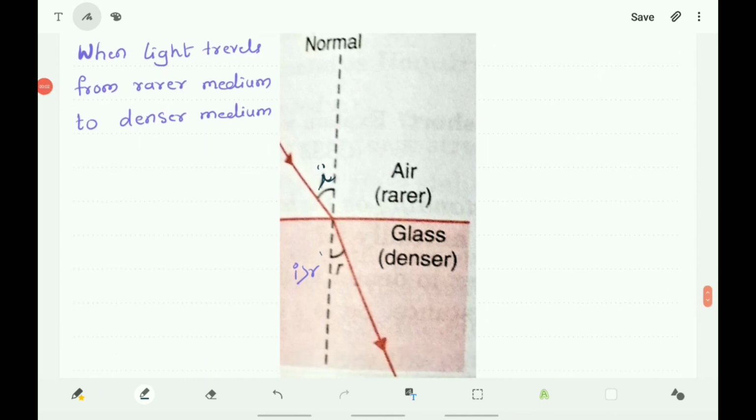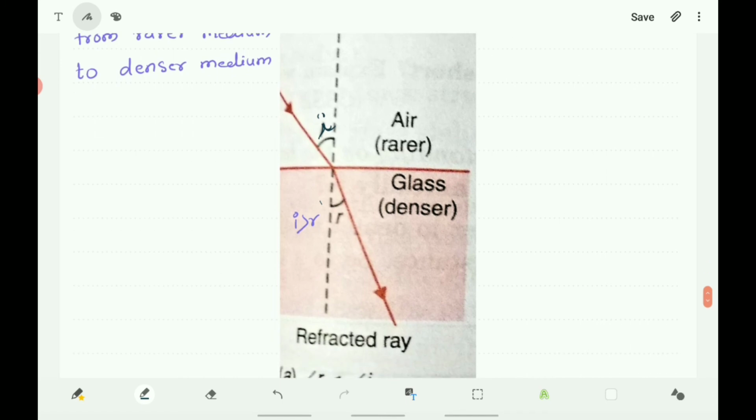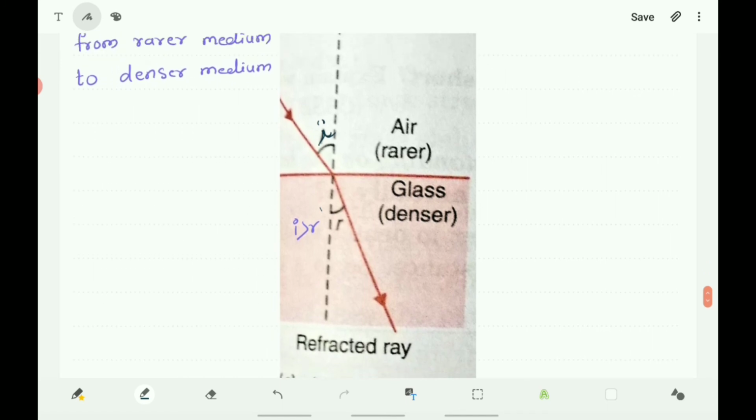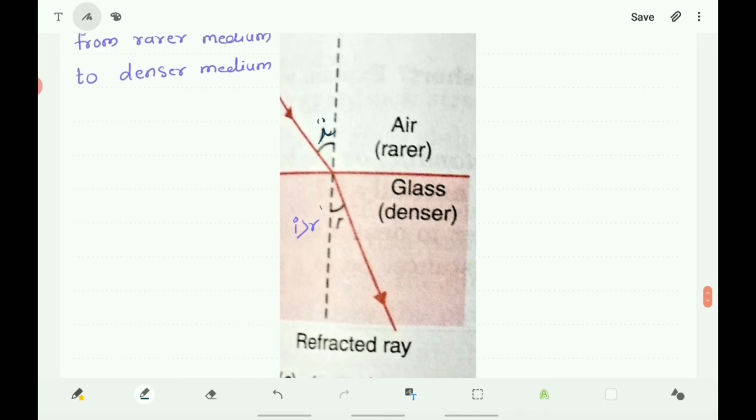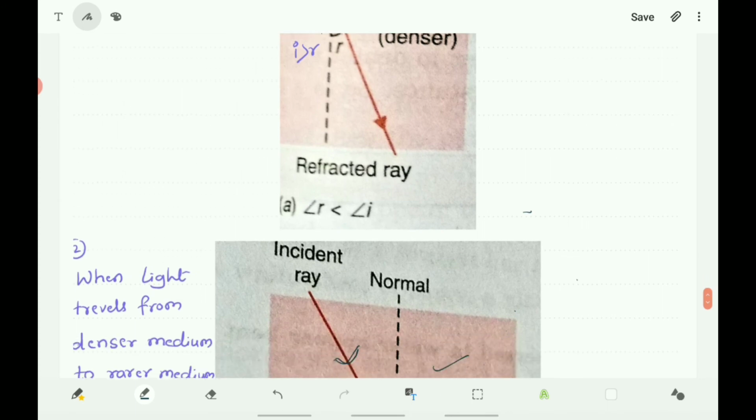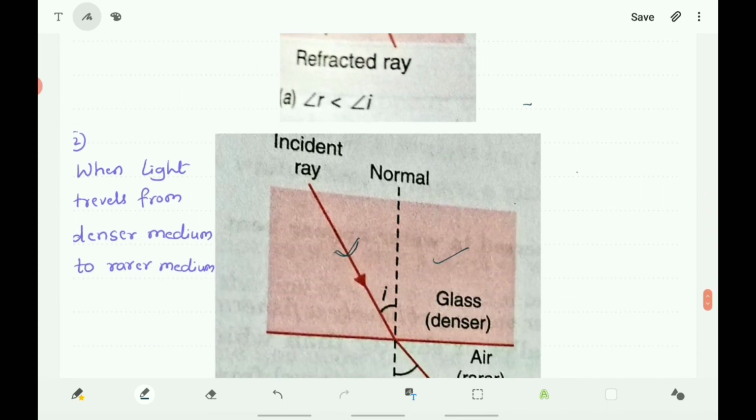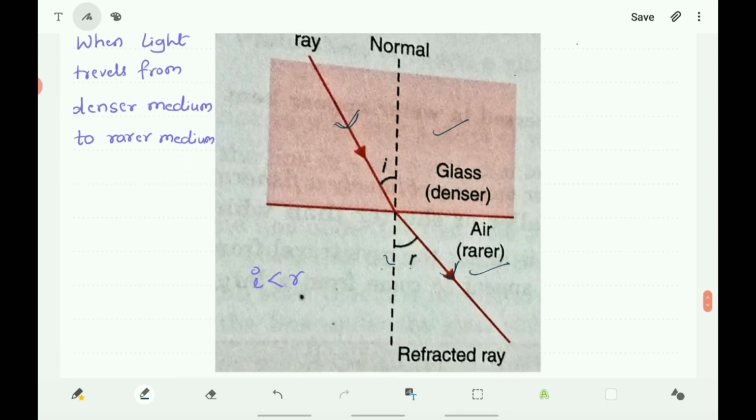When the ray of light travels from a rarer medium to a denser medium, it bends towards the normal to the surface. When a ray of light travels from a denser medium to a rarer medium, the path of the light is away from the normal to the surface.